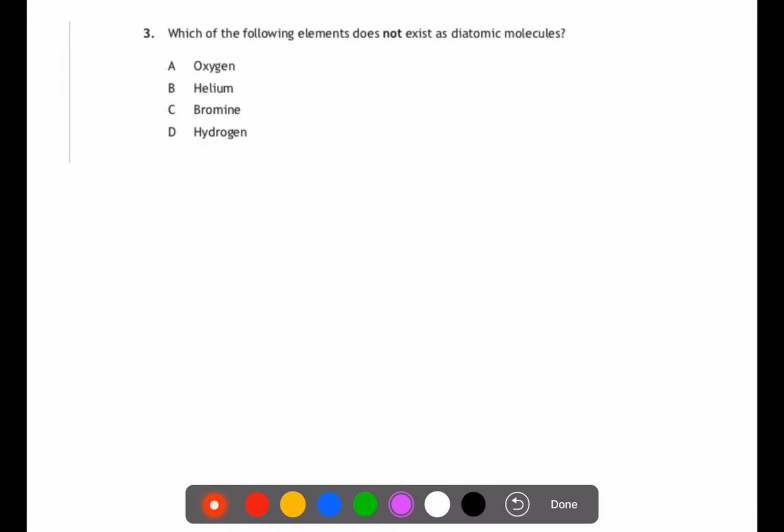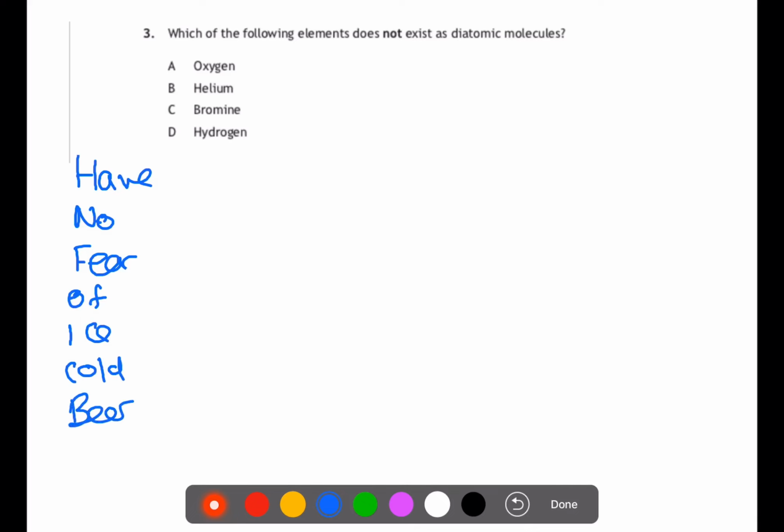Question 3. Which of the following elements does not exist as diatomic molecules? There are 7 diatomic molecules that you need to learn, and you can remember these using a mnemonic to help you. So the first letter of each word represents one of the diatomic elements.